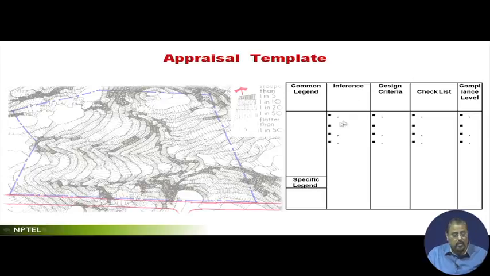The inference is that the overhead tank has to be placed at the highest level, the water body has to be placed at the lowest level. These are all inferences, and as soon as you do this, then the design criteria for the overhead tank is that it should be placed at the highest level, as in the inference, but it has to be nearest to the entry point from the municipal water supply.